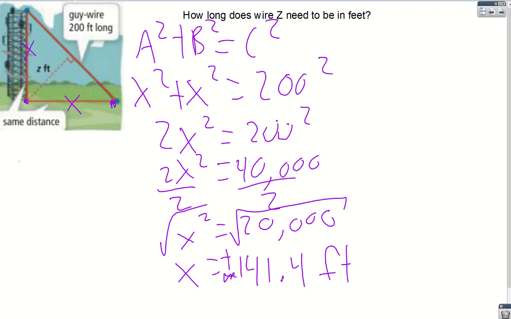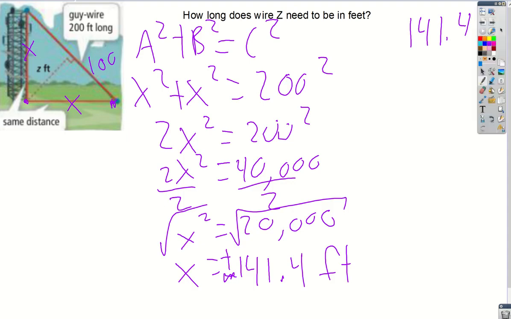So now we know what one side is of our triangle. We don't know what z is, but we do know what this is. If this is halfway, this is 100.